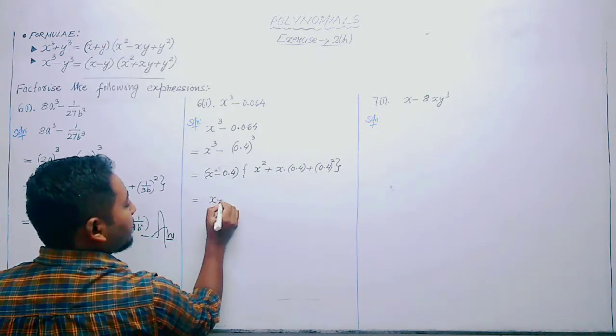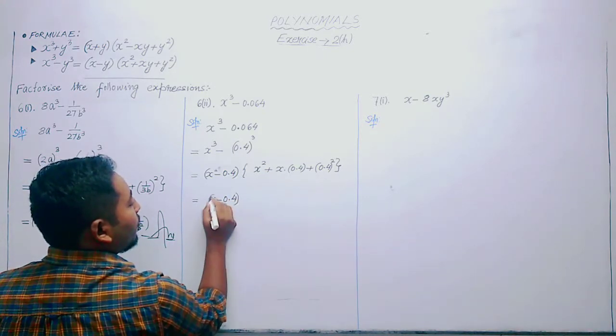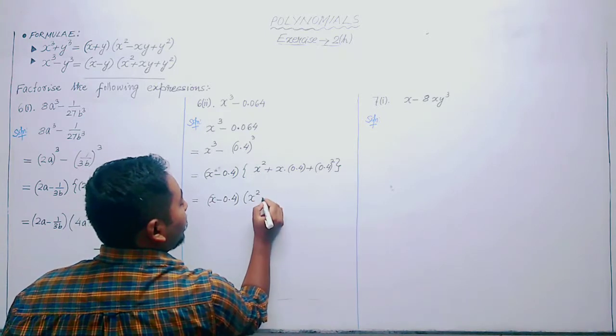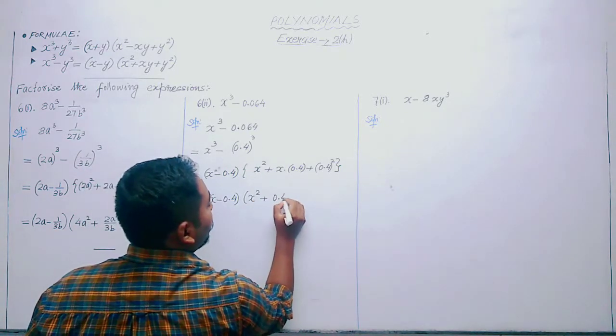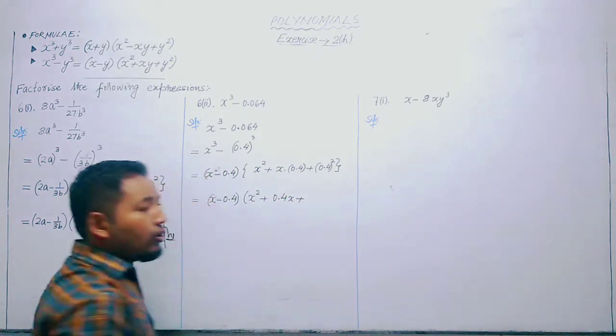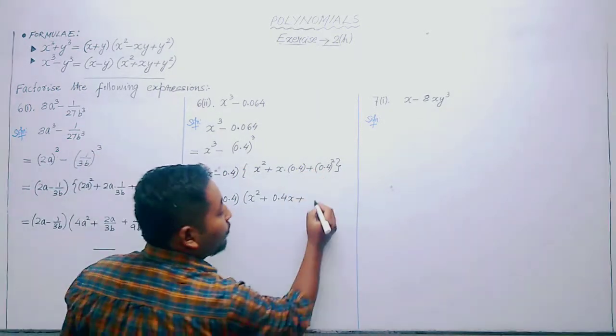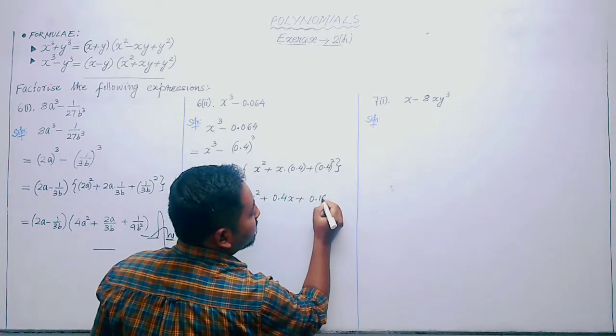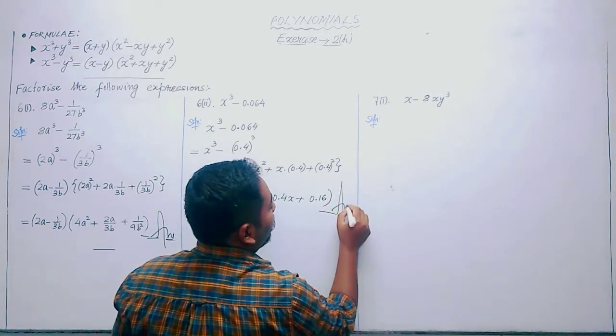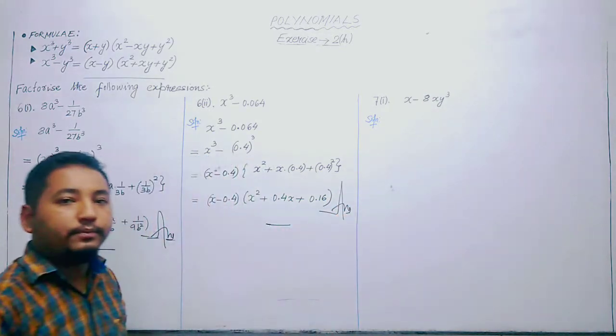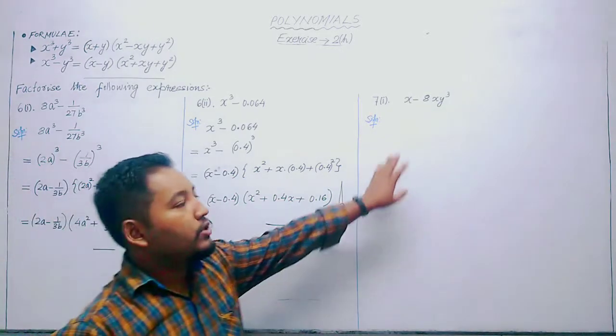Now you have x minus 0.4, it will give you x square plus 0.4x. Now 0.4 square will give you what? Will give you 0.16. Now that is your required answer. Now let us move on to next question, 7.1.